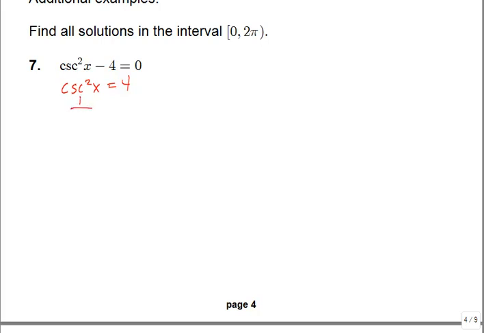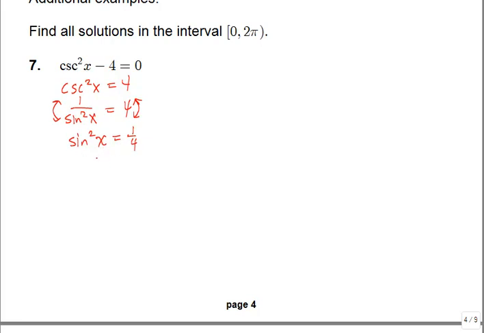So I'm going to change this to 1 over sine squared x is equal to 4, taking a reciprocal of both sides, however you want to think about it. If you flip this over, you have to flip this side over as well. This should turn into sine squared of x equals 1/4. In other words, if cosecant squared is 4, then the reciprocal sine squared x has to be the reciprocal 1/4.